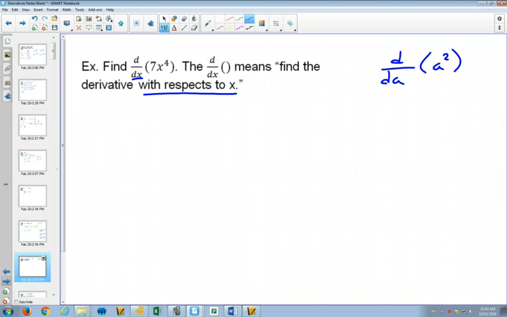So it's important at the beginning to realize we can do different variables and what the variable on the bottom means: that you're going to be doing the derivative with respect to a here or with respect to x. In this case, your derivative would be, bring the 4 out in front, times 7 is 28x cubed.